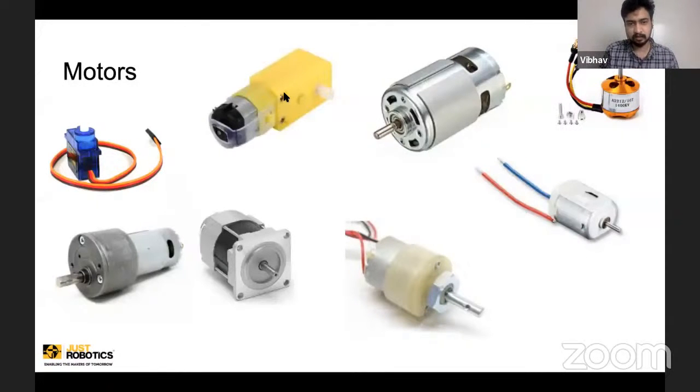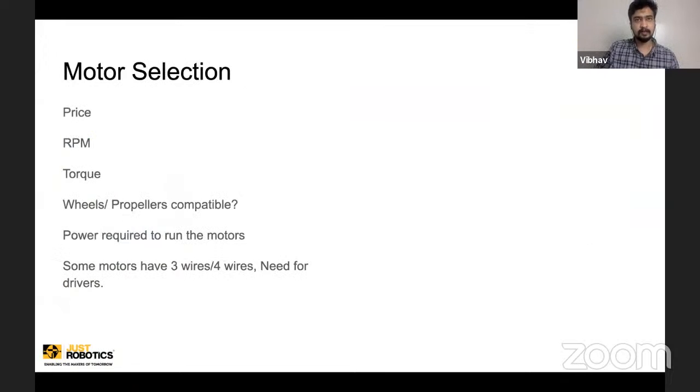Mounting holes are the holes that you use to attach a motor to a body. There are different clamps available for each of these motors. For motor selection, you have to understand the current consumption of each motor, and whether you have a driver or a programmable board that is compatible with the motor.